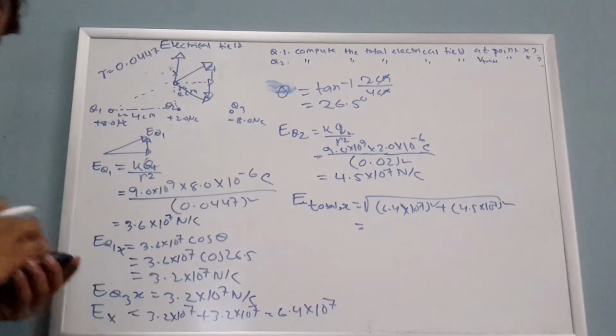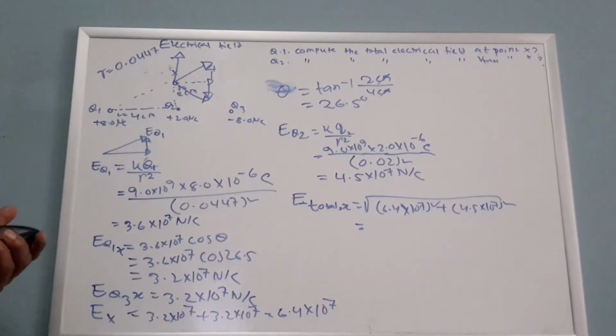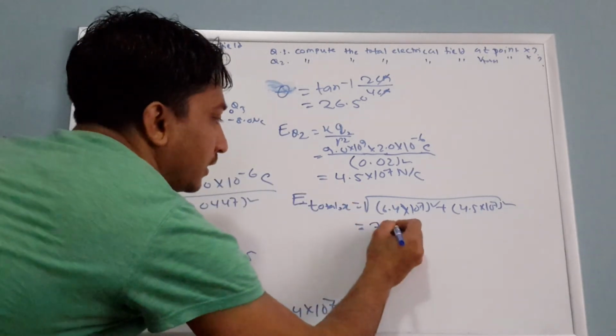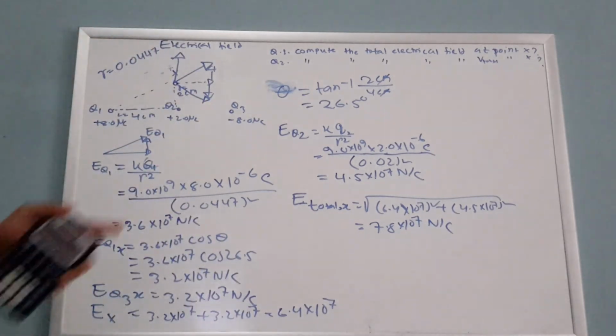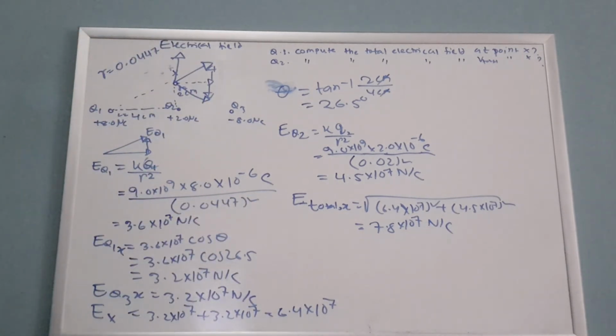It will give us 7.8 × 10^7 N/C, and this is our total electric field at point X.